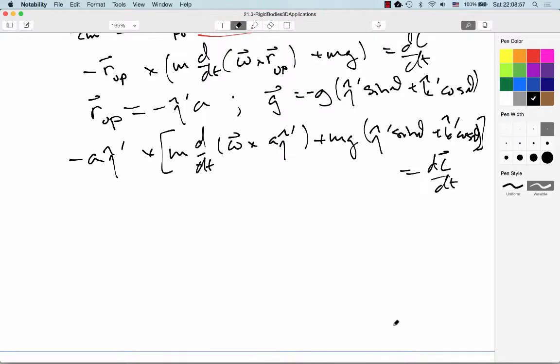Now, unfortunately, that dL/dt is being evaluated in the space frame, and we need to do this in the rotating frame, so we're going to have to do that whole d/dt goes to d/dt in the rotating frame plus omega prime cross whatever.